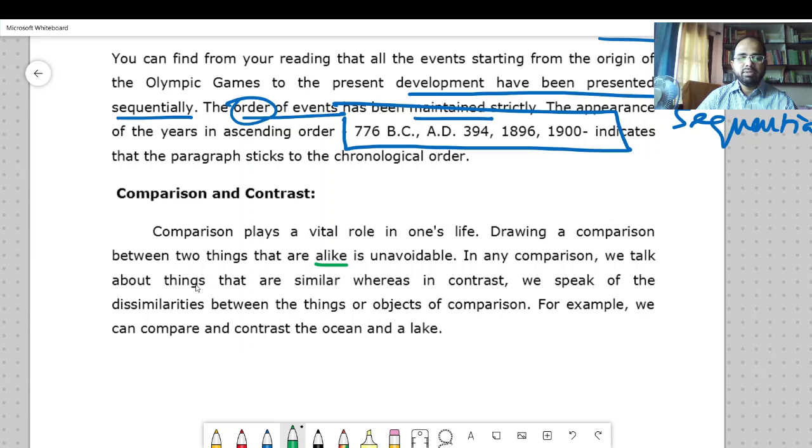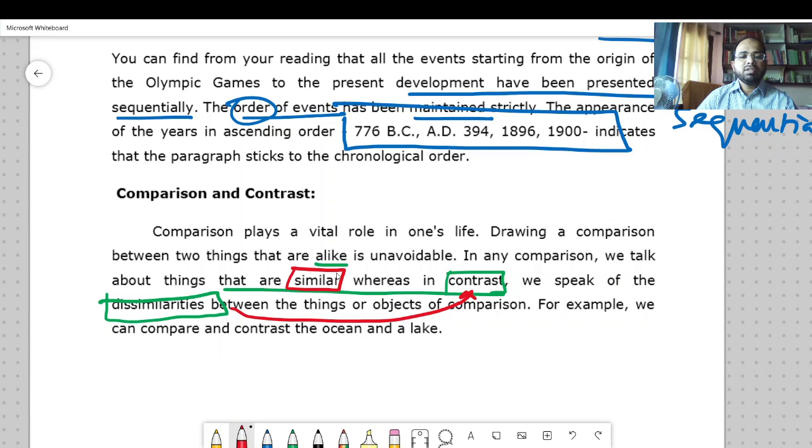So in any comparison, we talk about things that are similar, whereas in contrast, we speak about the dissimilarities. For example, we can compare and contrast the ocean and the lake because they are filled with water.